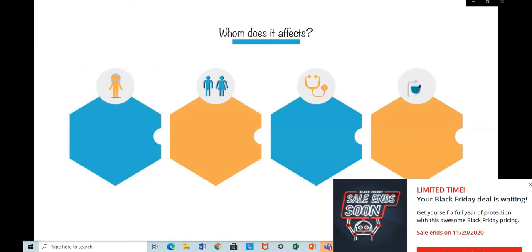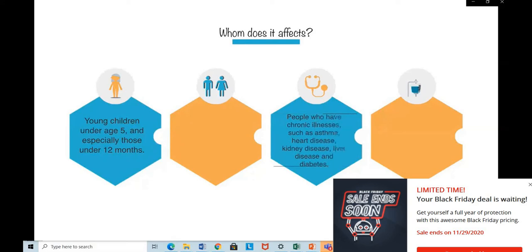Whom does it affect? It affects young children under age 5 and especially those under 12 months. It also affects people who have chronic illnesses such as asthma, heart disease, kidney disease, liver disease, and also diabetes. Adults older than age 65, people with weakened immune system.